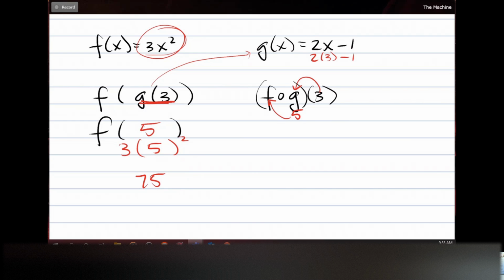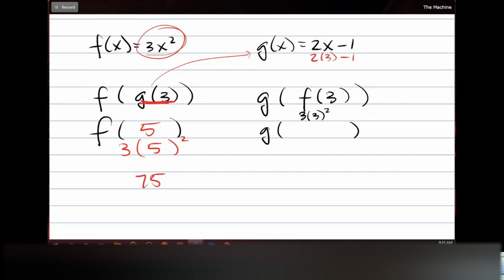Well, let's find out. Let's do G of f of 3. What is f of 3?